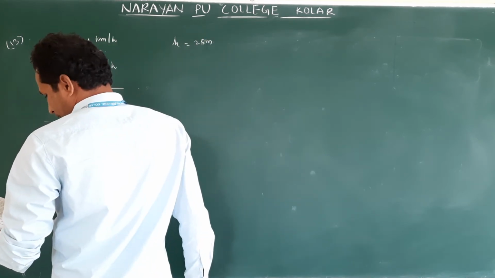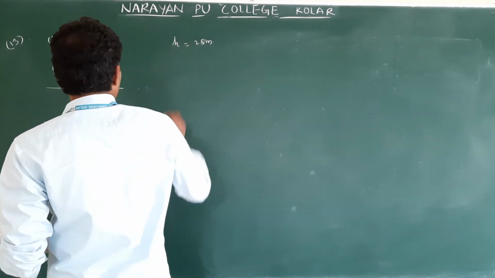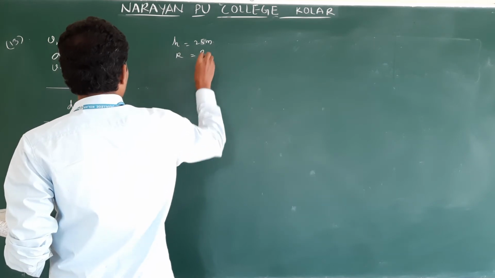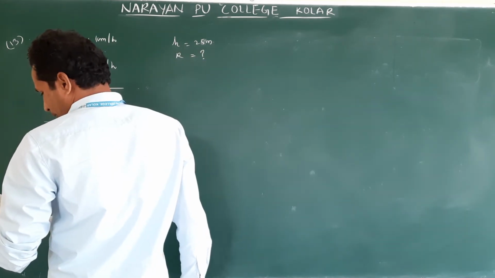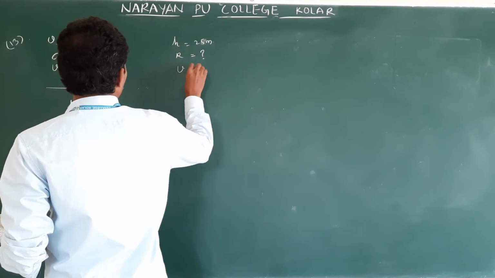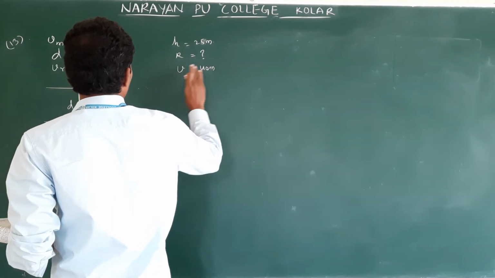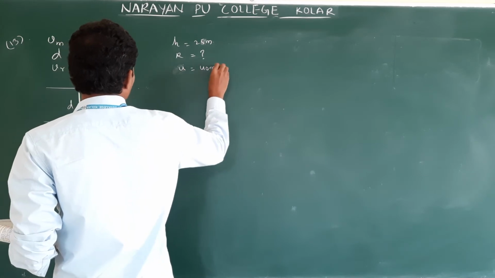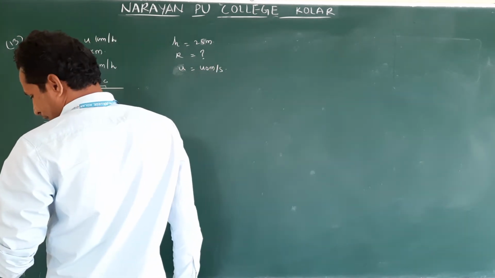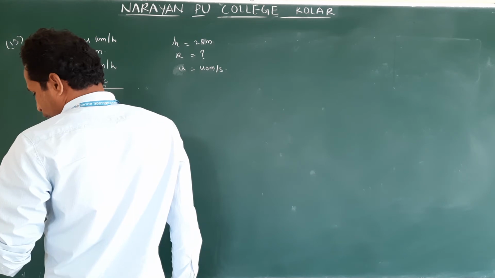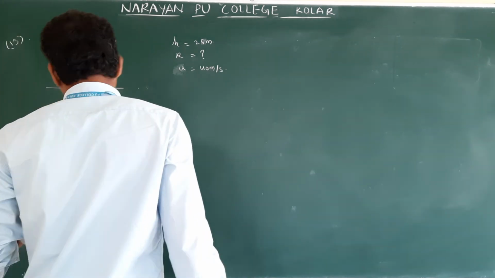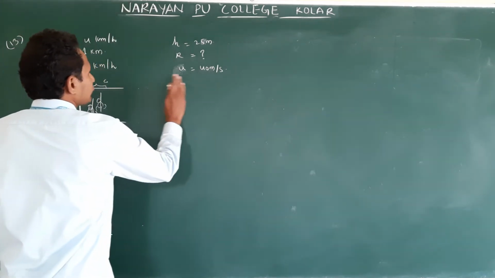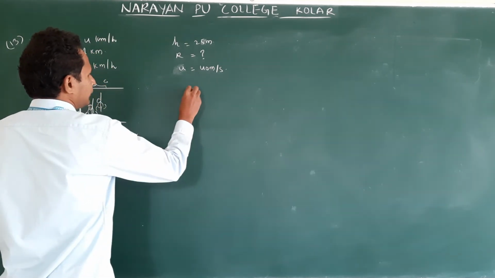Next, the maximum horizontal distance they are asking. Next, speed V is equal to 40 meters per second, or U. We frame the equations in terms of U. So very simple.